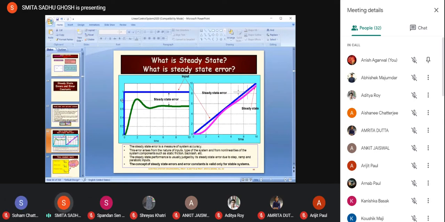Or if I put a half unit input instead of 1 unit, then again I will see a similar characteristic. The transients will still be there, but corresponding to each point there will be just a scalar reduction of the value. Do you understand what I'm saying?